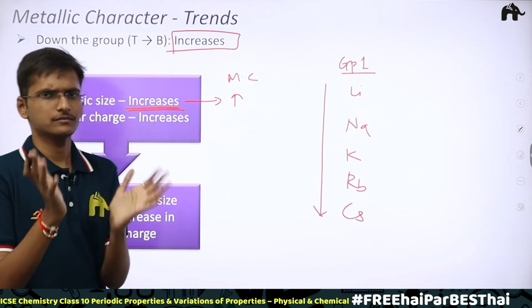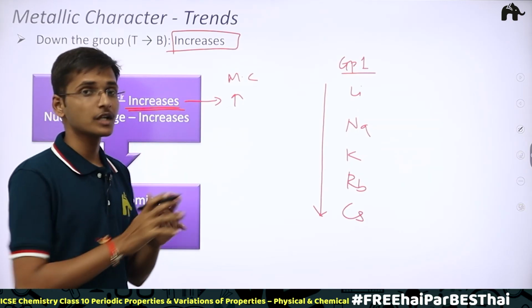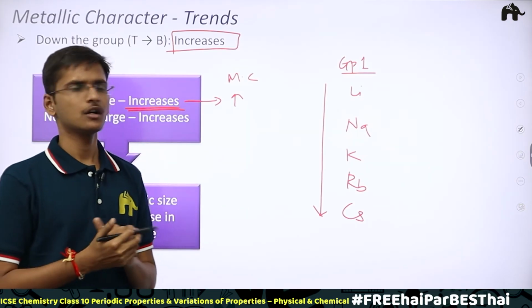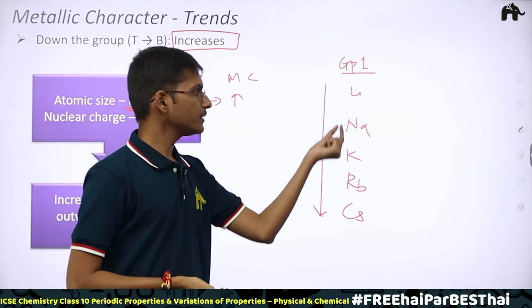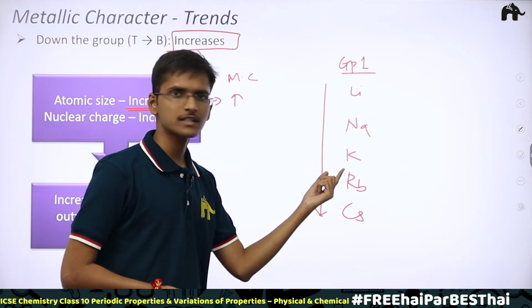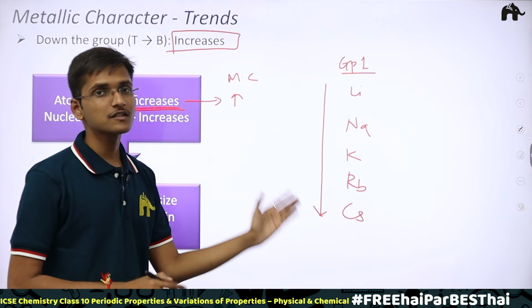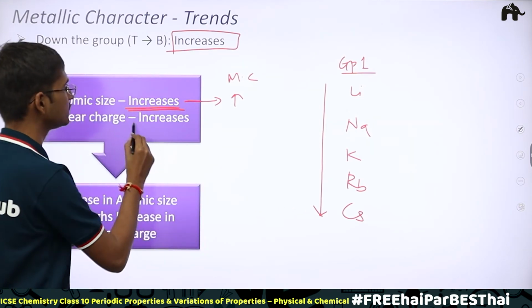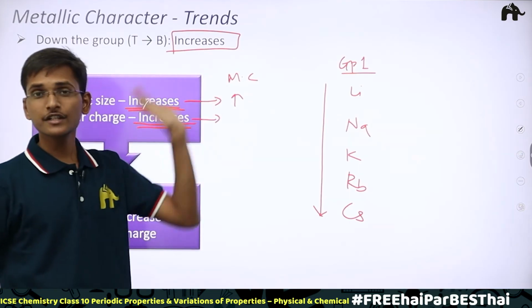From this factor we reached here. Now let's see the second factor, nuclear charge. What happens to the nuclear charge when we move down the group? See, the atomic numbers increase, right? Lithium has 3, sodium has 11, potassium 19, and so on. So atomic number increases, which means nuclear charge also increases. So what happens to the metallic character when nuclear charge increases?